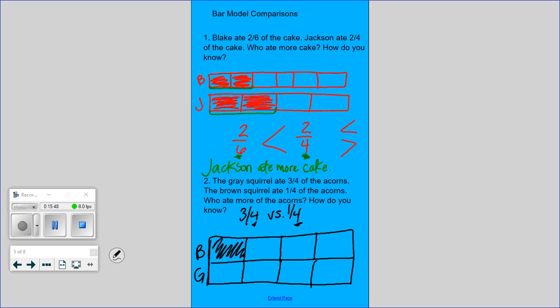How many pieces am I going to shade in for my gray squirrel? Aiden? 3. My numerator tells me who ate more. How do you know? Elliot, who ate more? How do you know?